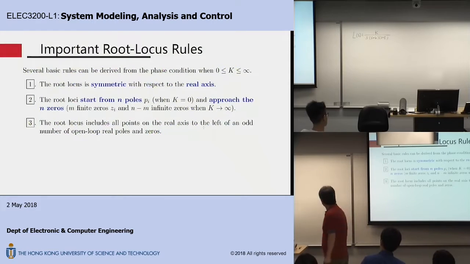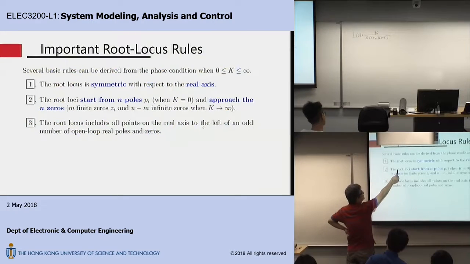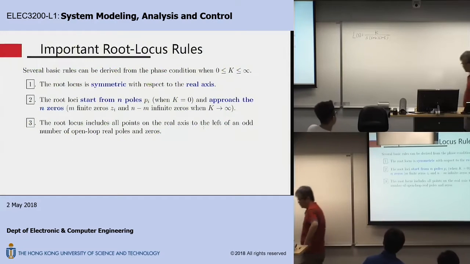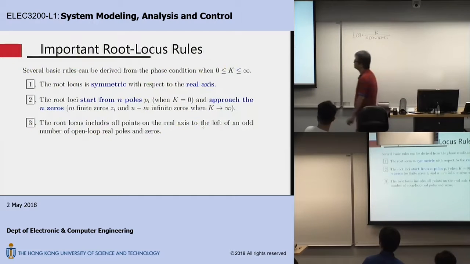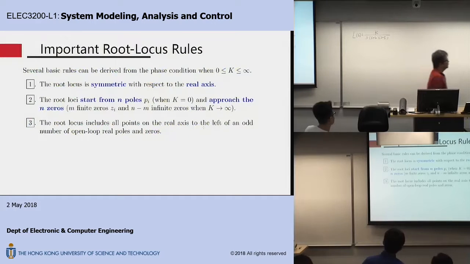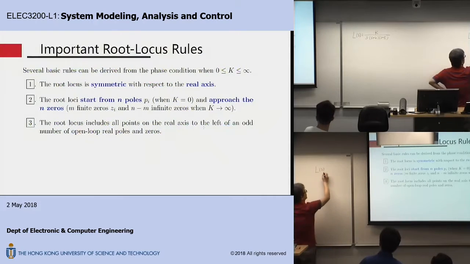Okay. So first of all, let's look at this. The root locus is symmetric with respect to the real axis. It's one rule. You might say, okay, why is this true? Actually, this is easy because the root locus is a set of S so that L(s) is equal to -1.